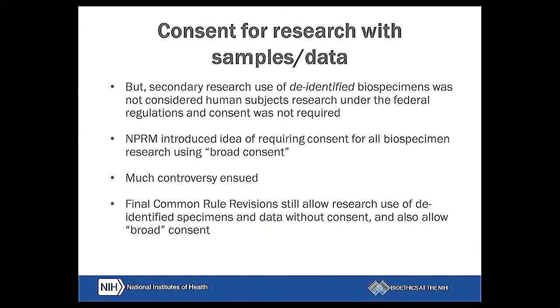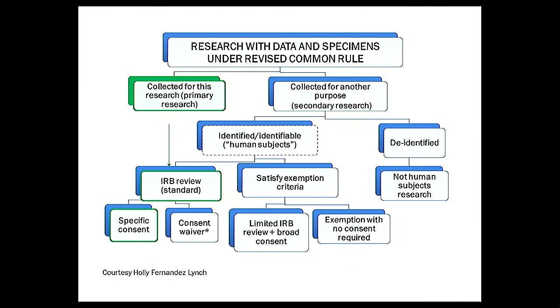And the final common rule revisions, which were published in 2017 and are now in effect, did not adopt that and still allow research use of de-identified specimens and data without consent, and also allow a new kind of broad consent in the regulations. So the regulations give us some interesting options.